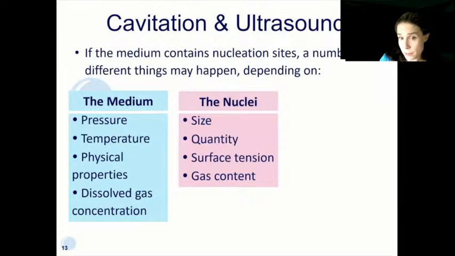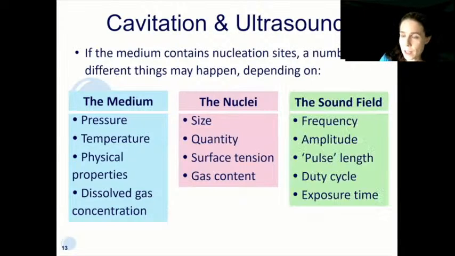Then of course the nuclei themselves, their size, the quantity of them, the surface tension on them, that's going to determine how easy it is for the bubble to form and how much gas they contain. And then of course the sound field: the frequency, the amplitude, the duration of exposure, and then how frequently we're sending pulses and the length of those pulses. So all of these together are going to determine whether or not a bubble can form from the nuclei.